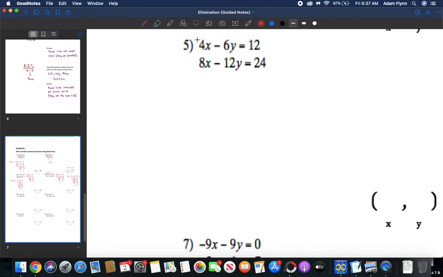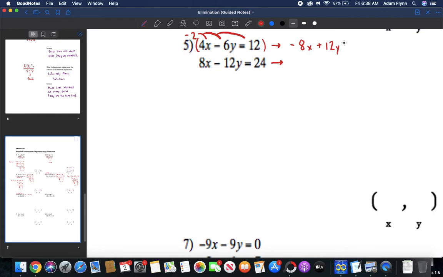So in order to make that a negative 8x, I need to multiply the top by negative 2. So I will distribute that negative 2 to everything. I'll rewrite my equations over here. Negative 2 times 4x is going to be negative 8x. Negative 2 times negative 6y is going to be a positive 12y.